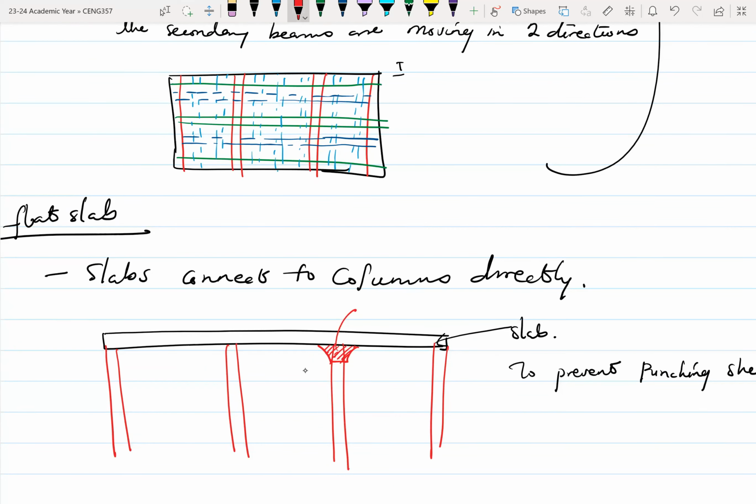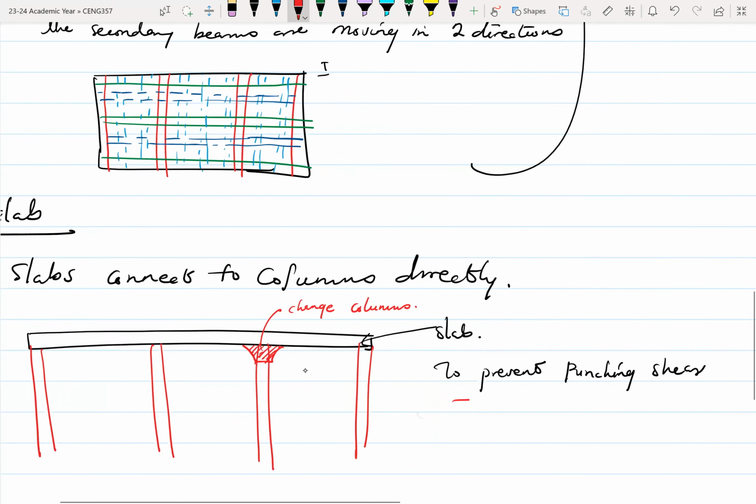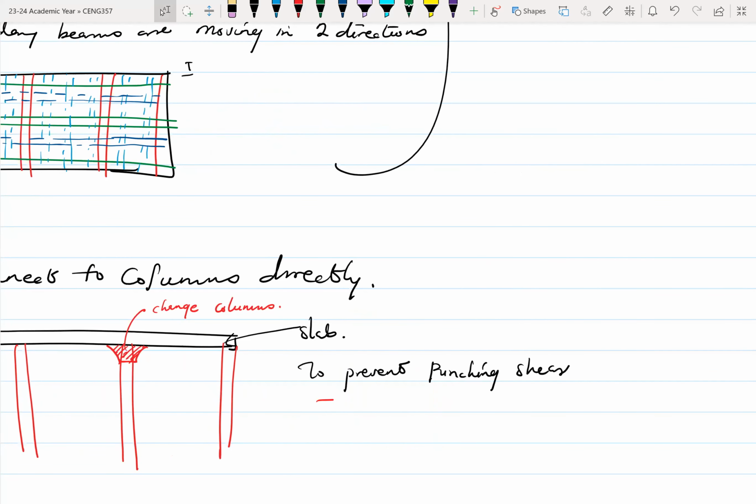So we can change column heads to reduce or prevent punching shear failure, which is common with these types of structures.